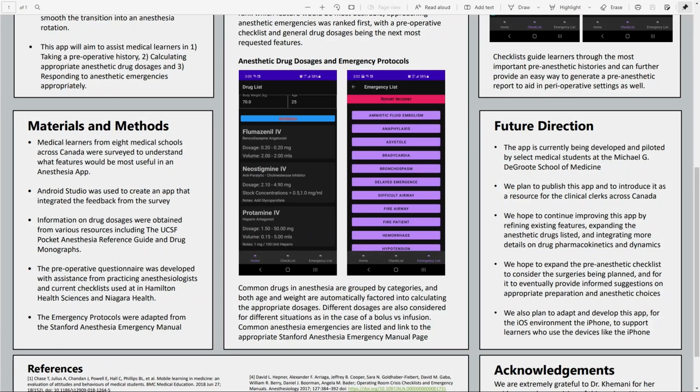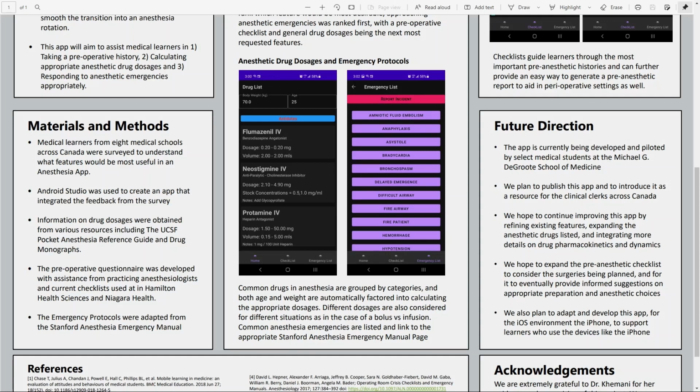So, using this feedback, we initially developed a drug dosage list that contains most of the common drugs used in anesthesia. These drugs are calculated based on age and weight based dosage and will automatically adjust for pediatric versus adult populations. At the same time, these drugs also have options for different modalities of usage.